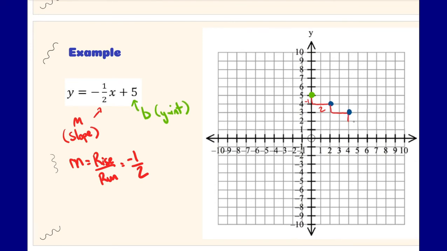Go down 1 again, to the right 2, or in the positive direction 2, and you can probably start to see the pattern and fill out the rest. Now, if I wanted to work backwards, I can switch that negative sign and put the negative on the bottom. It's not going to change anything.